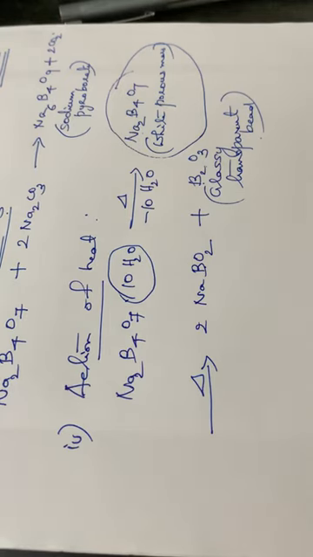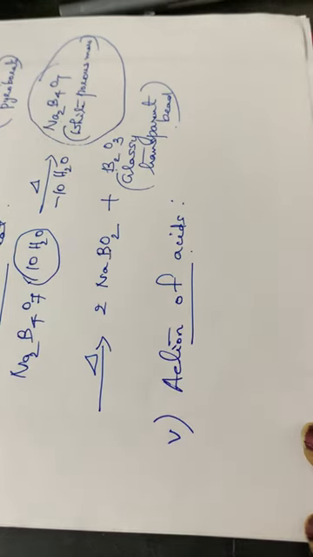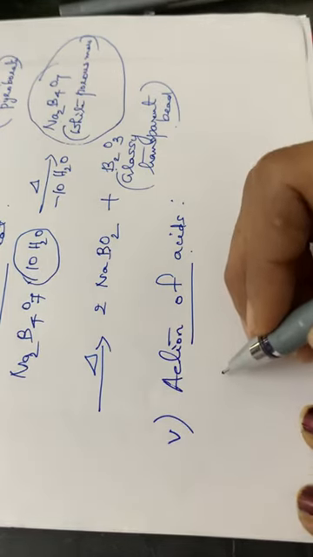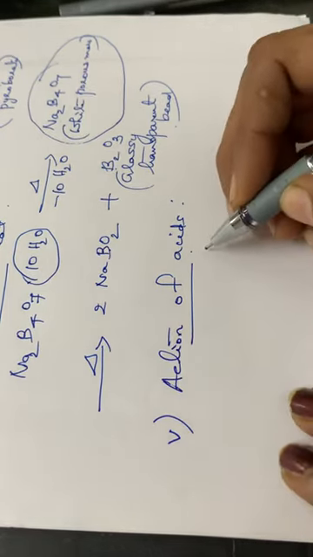Then the next reaction, that is the action of acids. Fifth one, action of acids. See here, when borax is treated with concentrated HCl and concentrated sulfuric acid, it forms boric acid, that is H3BO3.